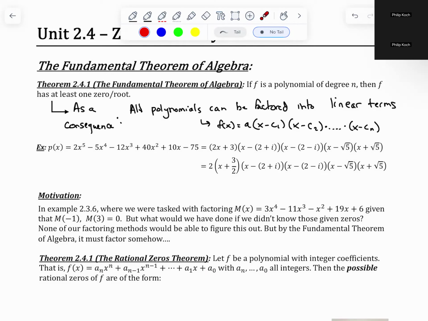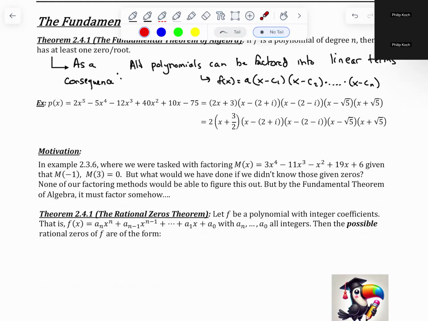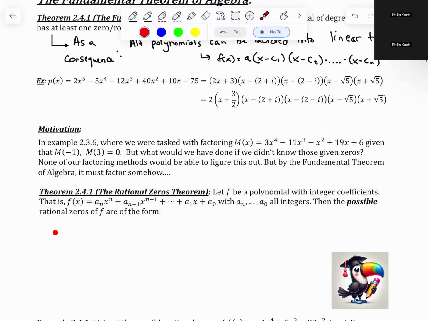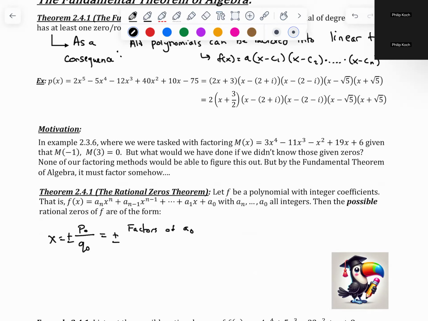Then the possible rational zeros of the function are of the form x equals plus or minus p divided by q, where p is a factor of a sub 0 and q is a factor of a sub n.